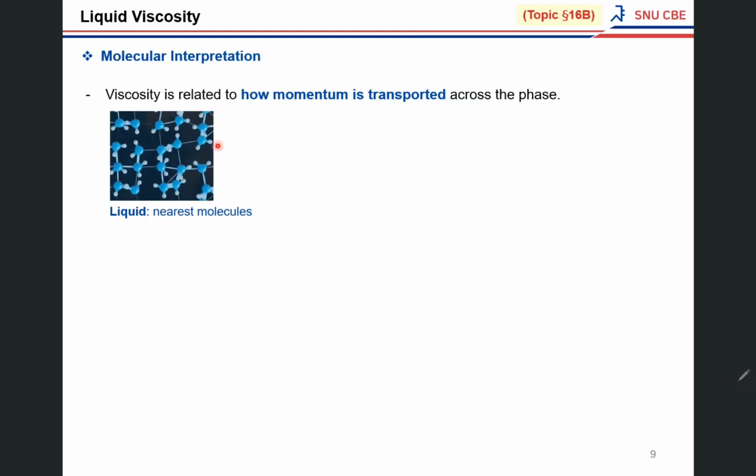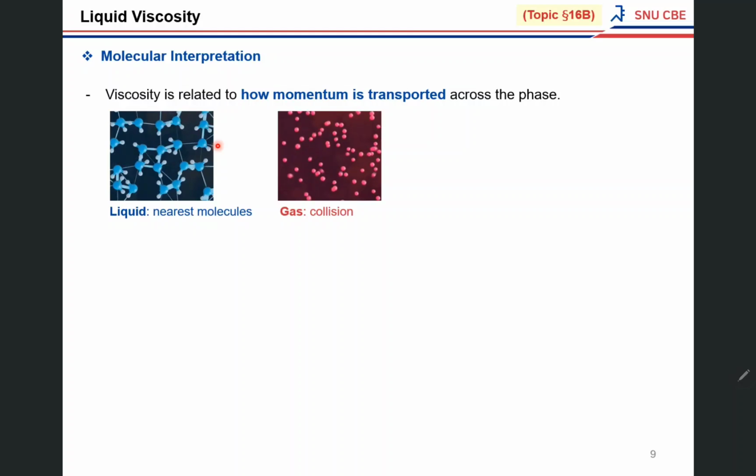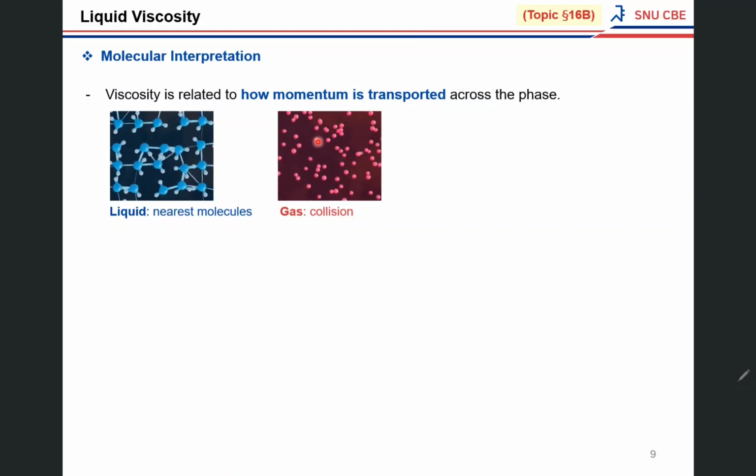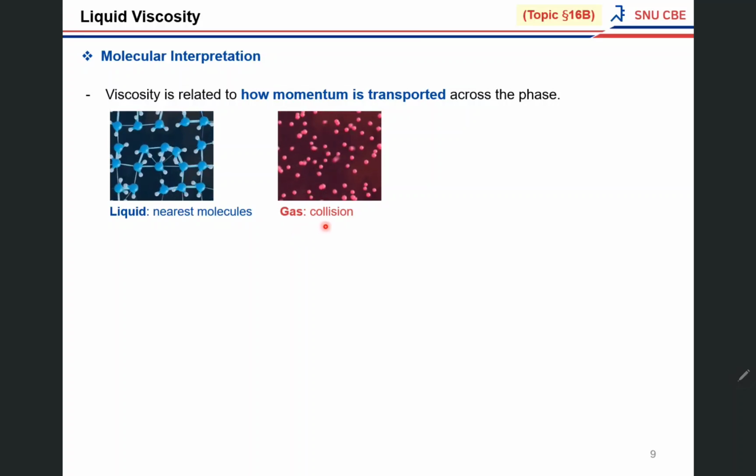If it is convenient, then the liquid may have lower viscosity, but the situation is pretty different from the gas phase. In the gas phase there is no intermolecular interaction, and the momentum is basically carried by the movement of the gas molecules themselves, so it basically depends on the collisions.